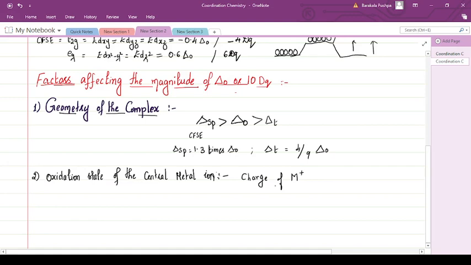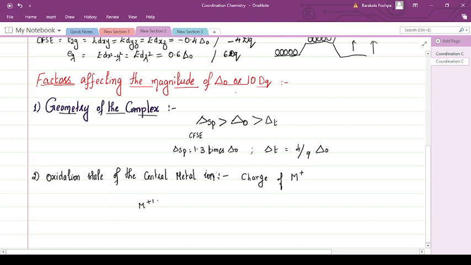Now, if the charge on the central metal ion increases, suppose, as I mentioned to you, the charge on the central metal ion is always a positive charge. It is electron deficient, with vacant d orbitals. So what happens if it is a plus 1 charge, a little positive charge?